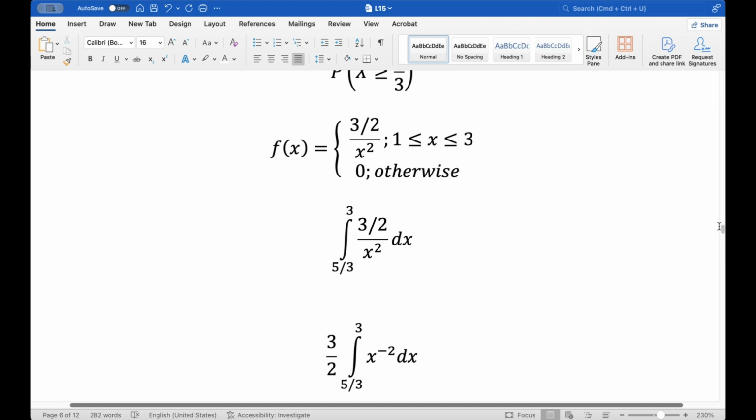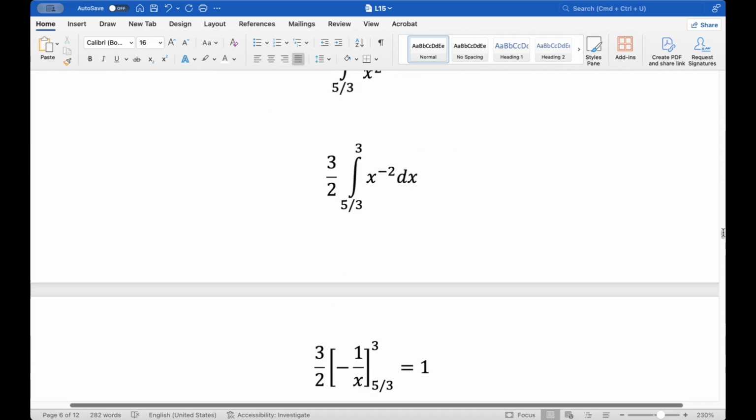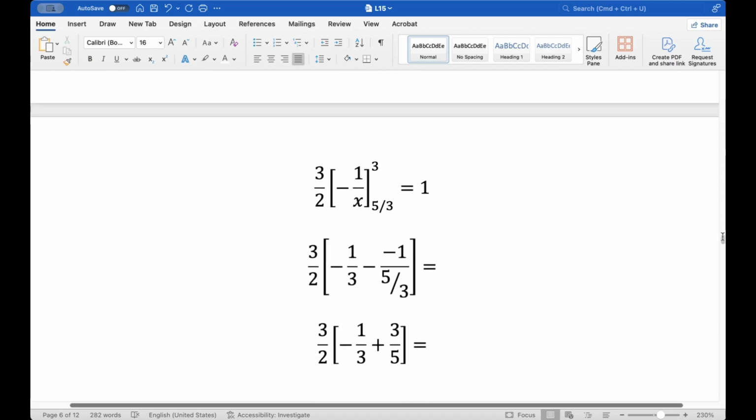So you can factor out the 3 halves. We could skip ahead a little bit because we just integrated x to the minus 2. It was negative 1 over x. And then we do f of b minus f of a. Plugging the 3 in for x, minus negative 1 over 5/3. So the negative signs cancel out, and this flips over. 1 over 5/3 becomes 3/5.